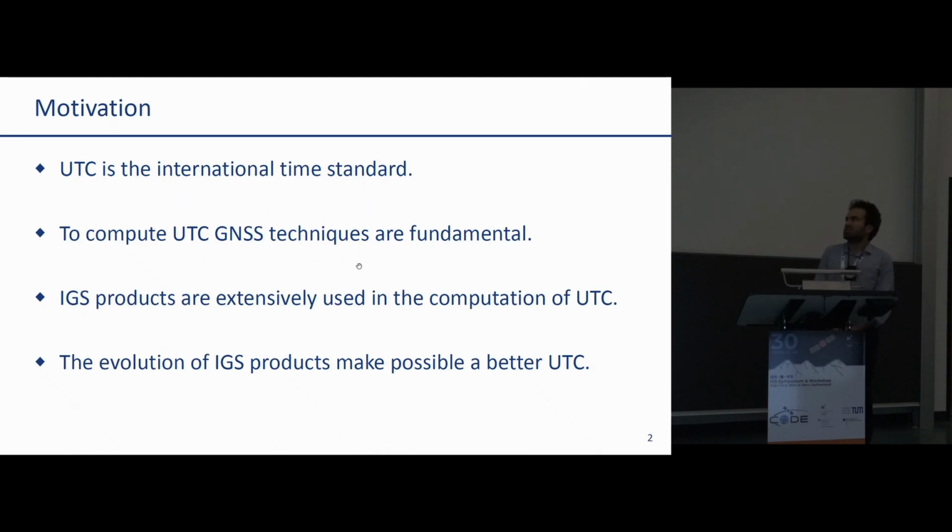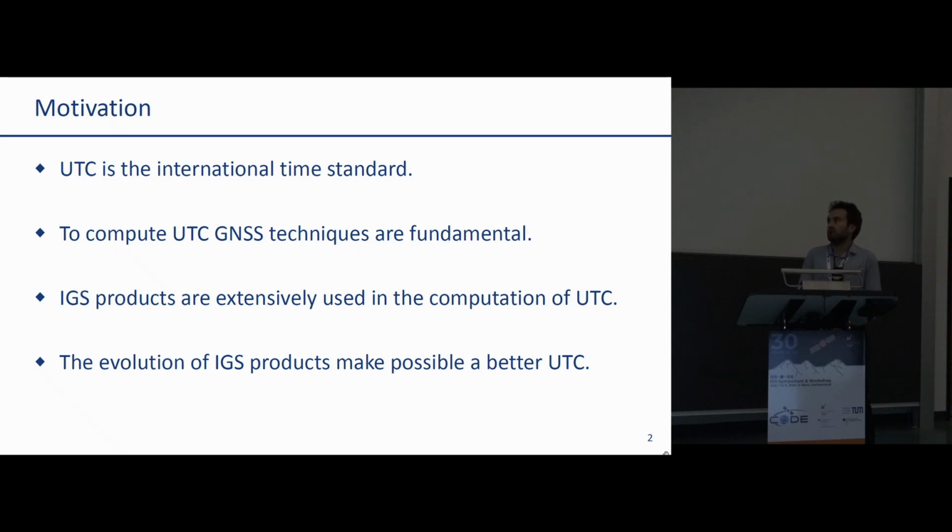So, a bit of motivation for the presentation. As you probably know, UTC is the international time standard, the time scale that tries to unify the national time scales. To compute UTC, the GNSS techniques are fundamental, and in particular, we make extensive use of IGS products.